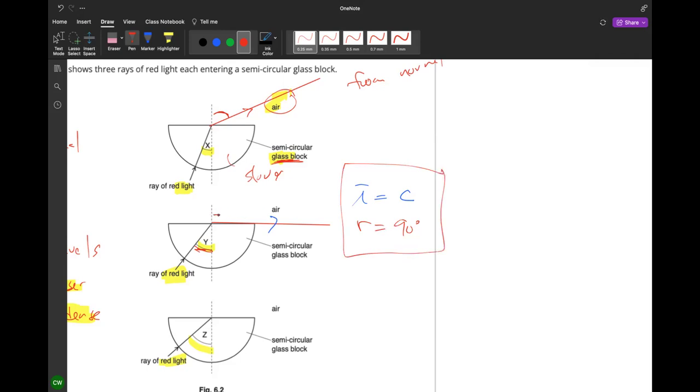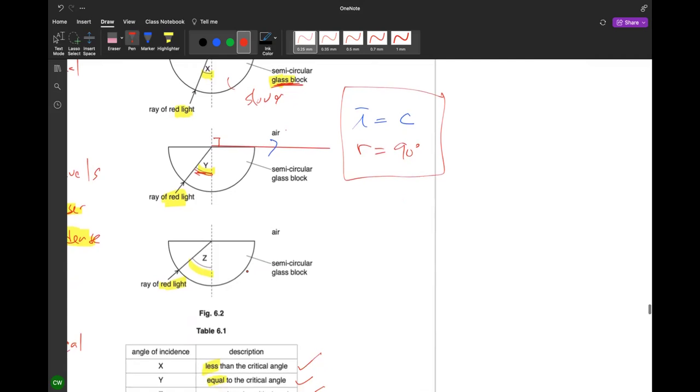So this is 90 degrees. When the incident angle equals the critical angle, the ray will be refracted along the interface between the air and the glass block. Interface means in between the two, at the boundary.